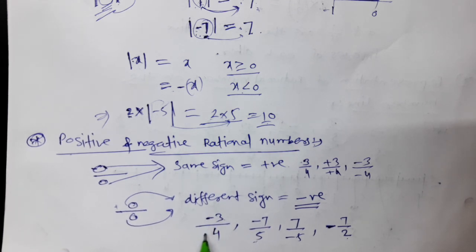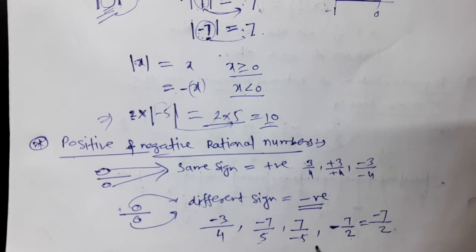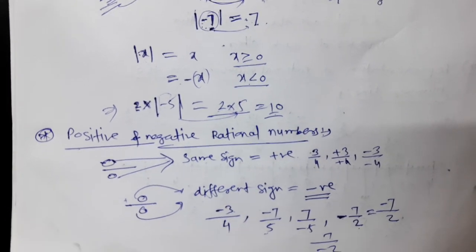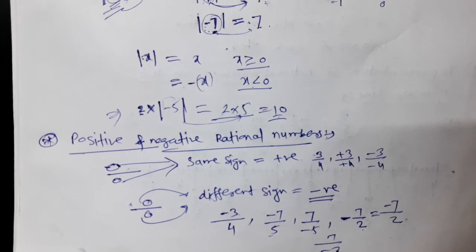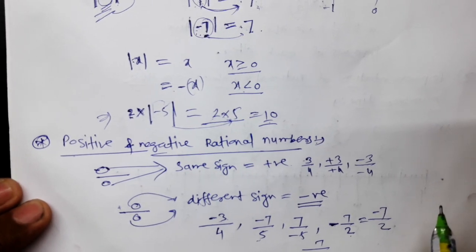Numerator and denominator have different signs, so these are negative numbers. 7 upon minus 5 is also a negative number. Minus 7 upon 2 can be written as minus 7 upon 2 or 7 upon minus 2. These are all the same, having the same value.